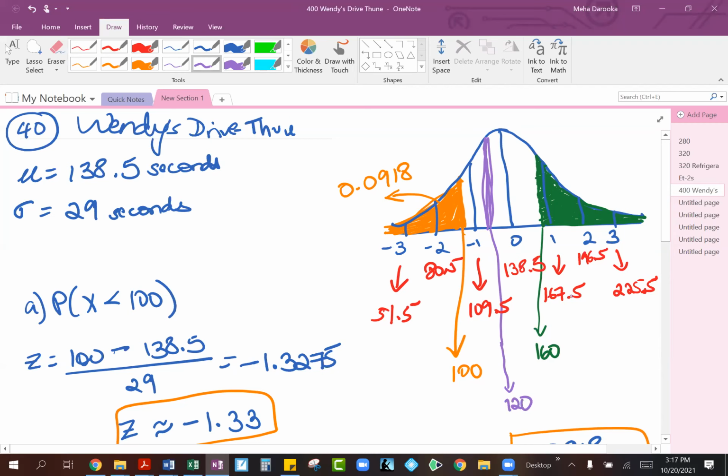And 180, as you can see, is going to be between 1 standard deviation and 2 standard deviations above the mean. So, again, kind of somewhere over here would be our 180. So you can see a little bit of that area is going to fall below the mean, and a little bit of that area is going to fall above the mean.